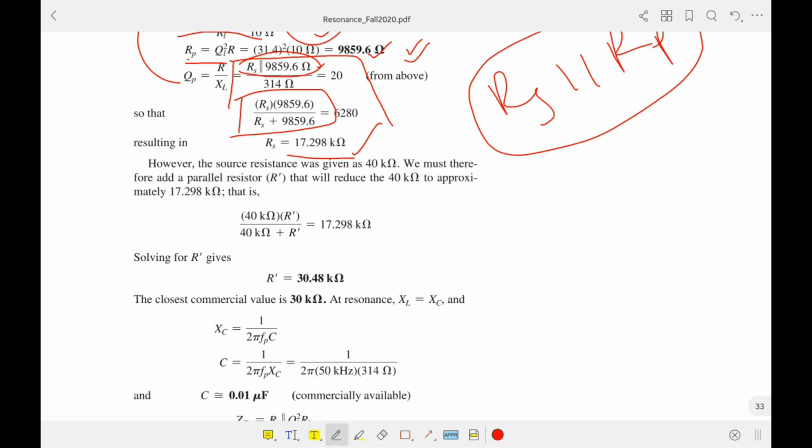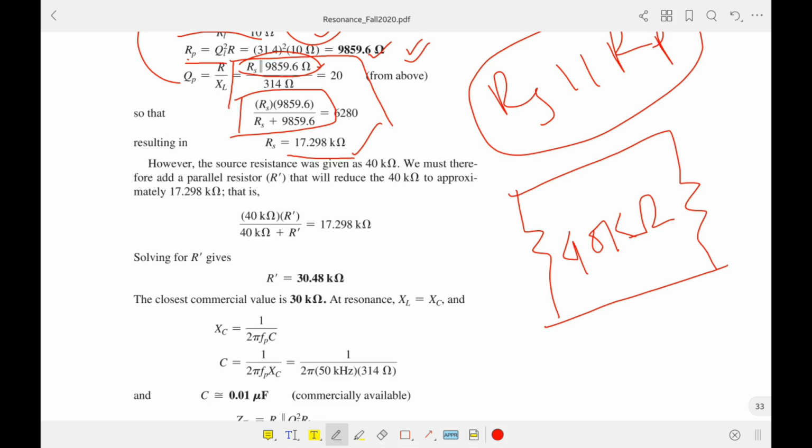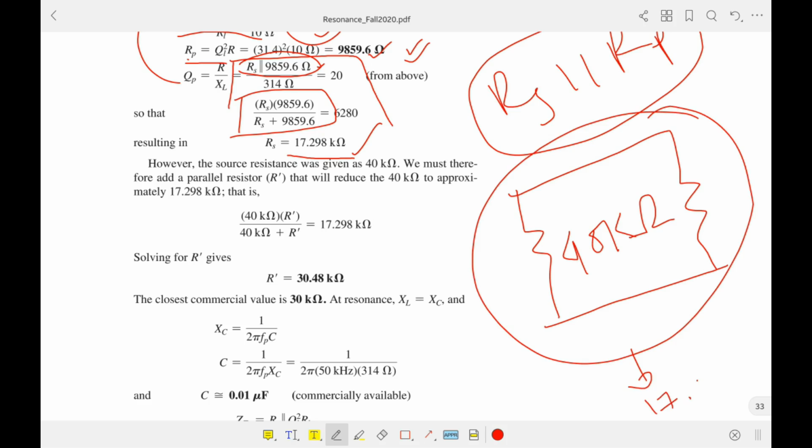So obviously you need to reduce that resistance. So already 40 kilo ohm is available and you want only 17 kilo ohm. So obviously you need some other parallel resistance, and then the combination of these two should be 17.298 kilo ohm. So this should be your problem.